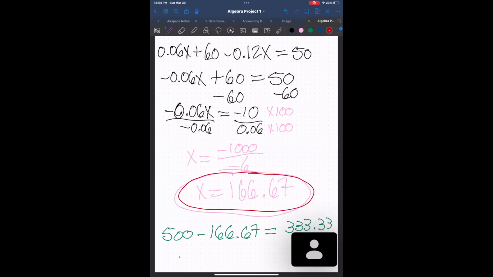So 6% is equal to 166.67, and 12% is equal to 333.33. A numerical answer so everybody knows exactly what we're talking about.